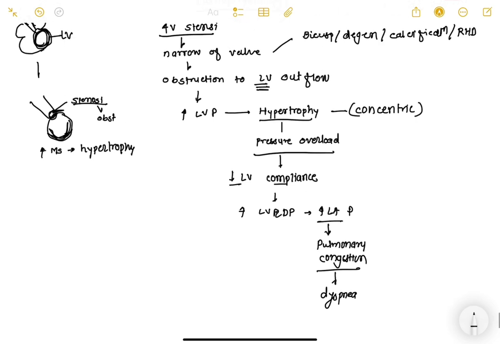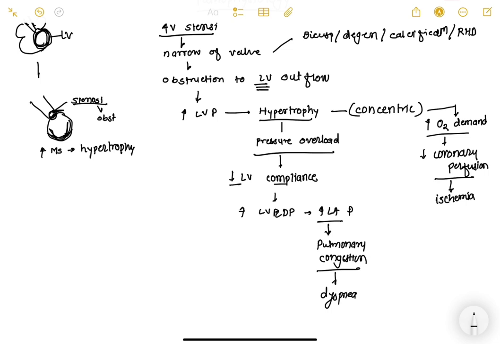Now, due to this hypertrophy, what will happen? There will be increased O2 demand, right? If there is an O2 demand increase, then there is a decrease in coronary perfusion, which will cause ischemia.